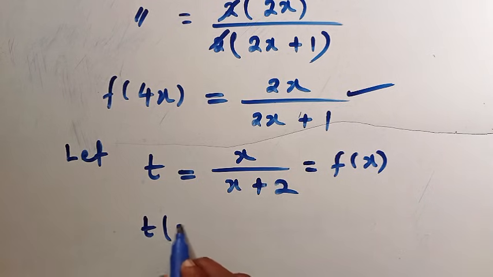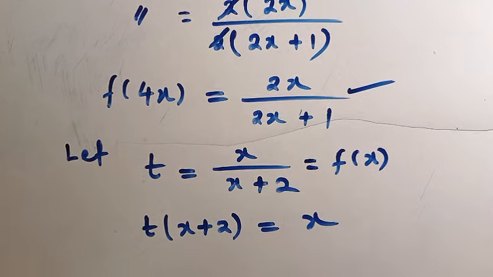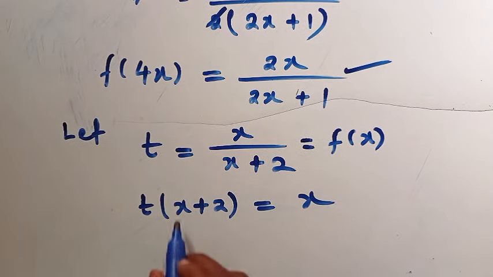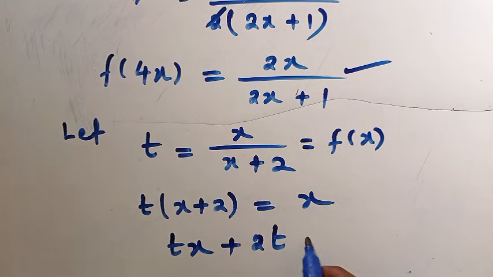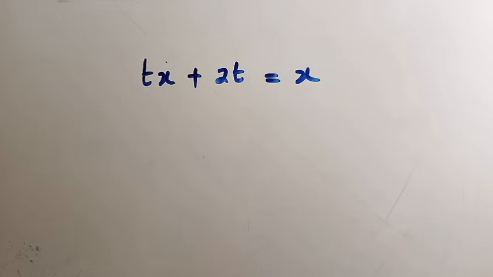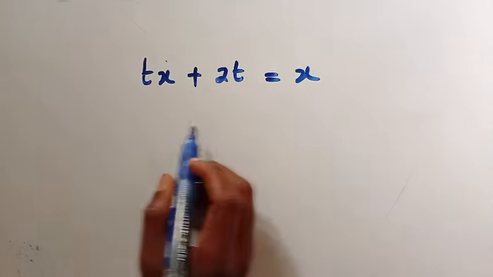We make x the subject by cross multiplying. Here we have t into bracket of x plus 2 equals x. Opening the parentheses, t times x gives us tx, plus t times 2, that is 2t, equals x. Then we collect like terms. Let's move tx to the other side.